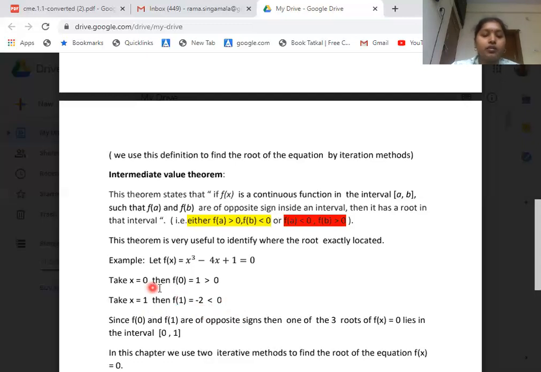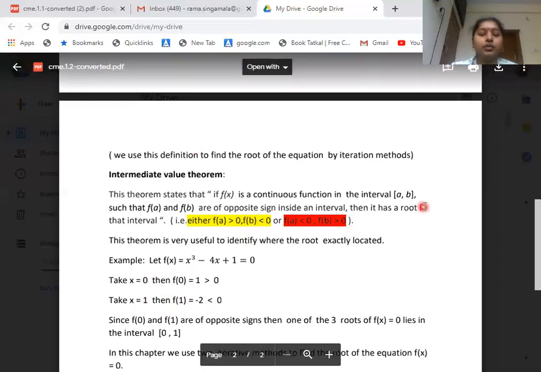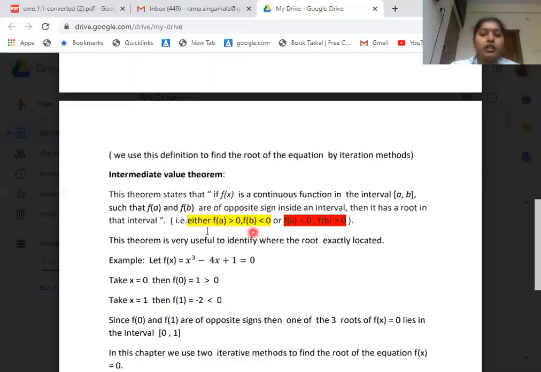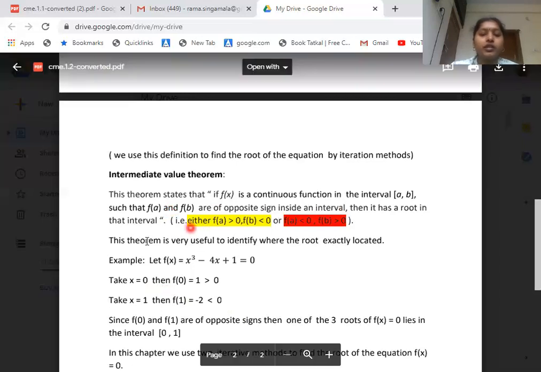So for x = 0, function value is positive. For x = 1, the function value is negative. Since f(0), f(1) are of opposite signs, then the root lies in the interval [0, 1]. That is our intermediate value theorem. If f(a), f(b) are of opposite signs, then the root of the equation lies in that closed interval [a, b].